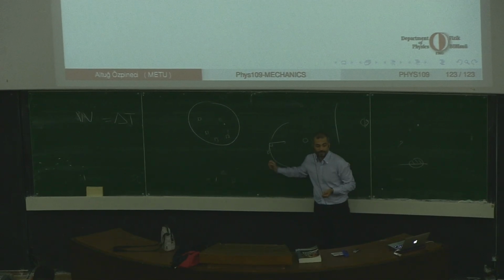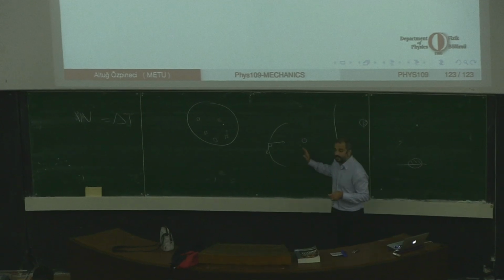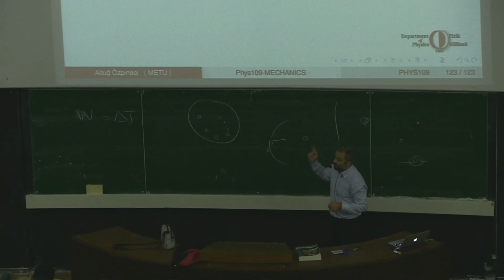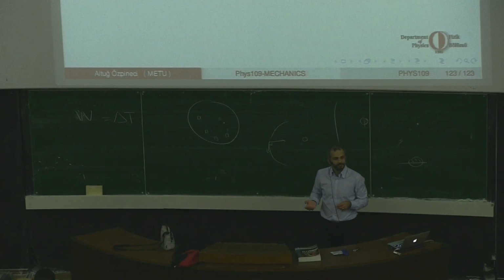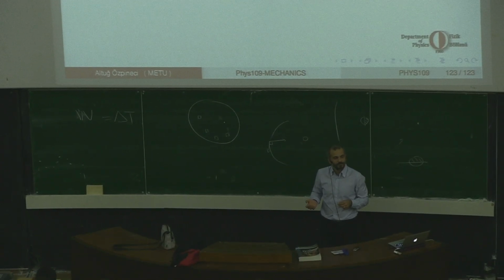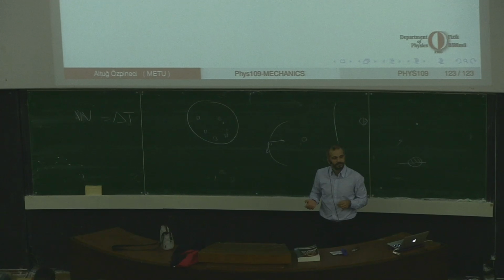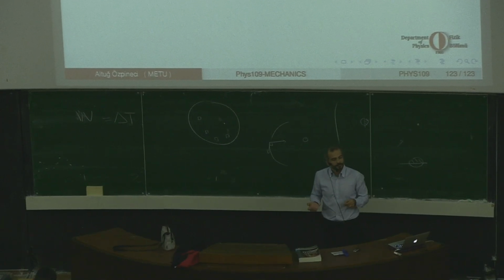For uniform circular motion, the acceleration vector is toward the center, whereas the velocity vector is tangent to the circle. They are perpendicular to each other. So force is perpendicular to the velocity. It means force is perpendicular to the displacement at each instant. So that cannot do any work. So we are left with friction. But where does the friction come from?